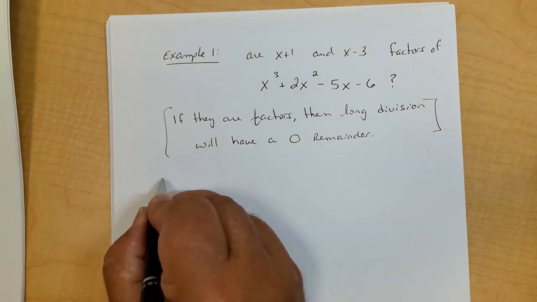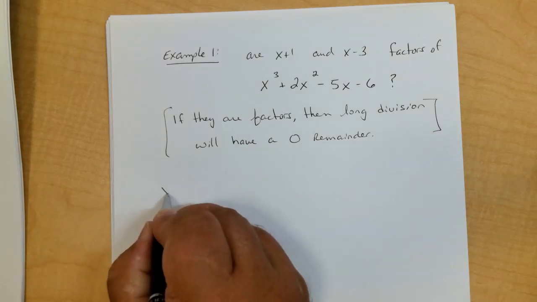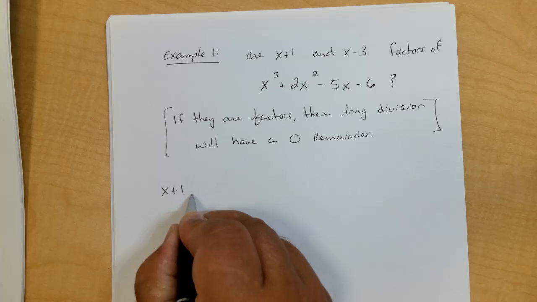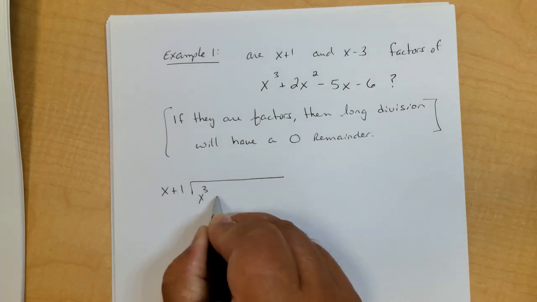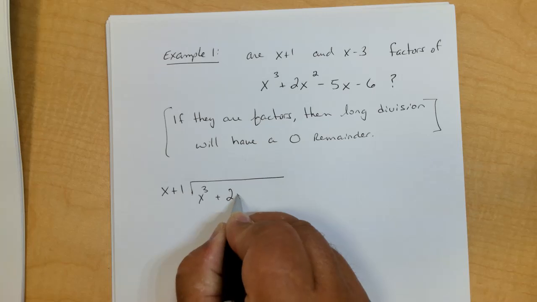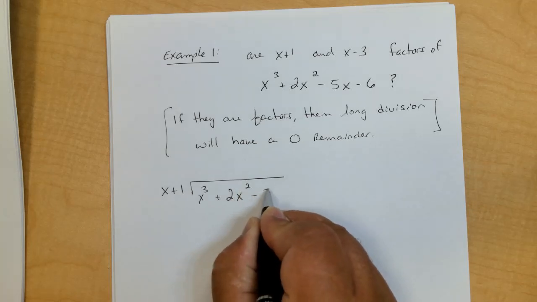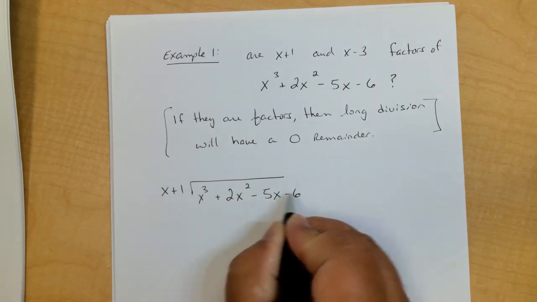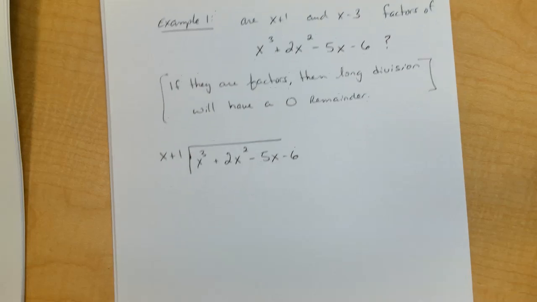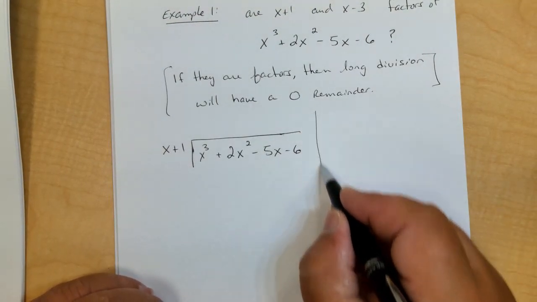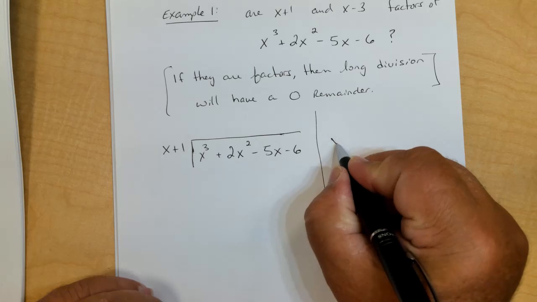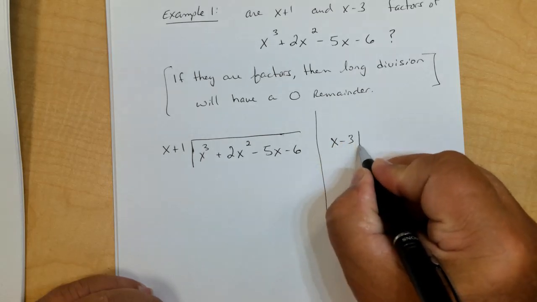So let's look at x plus 1 first. Just do it to both of them, actually. Same thing with x minus 3.